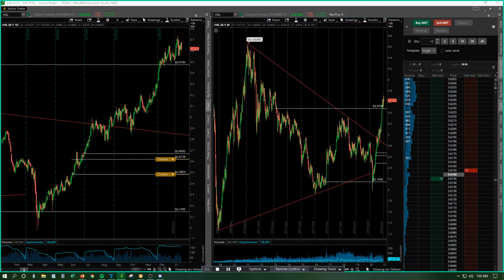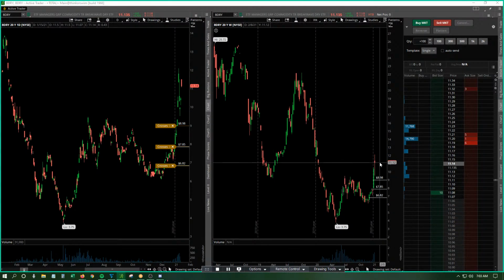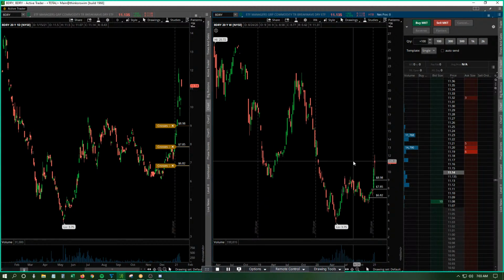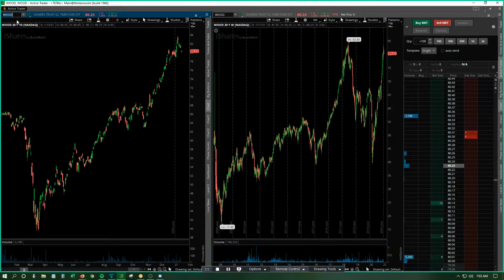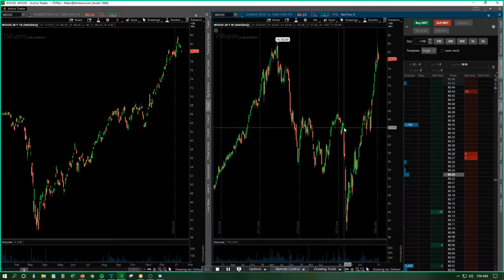There's an ETF that tracks it. Where is it? This thing has rallied up. It's nothing like looking at the futures contracts, but what was the other one? Wood lumber ETF. Price of lumber back up towards its highs, multi-year.